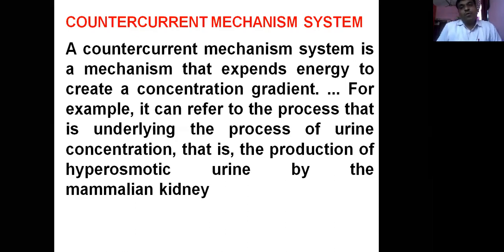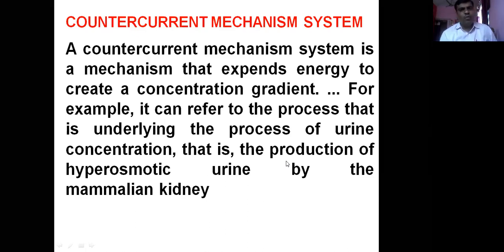After the process of urine formation, the last bit of this chapter is the countercurrent mechanism system. The countercurrent mechanism system is a mechanism that expends energy to create a concentration gradient. For example, it can refer to the process underlying urine concentration, that is, the production of hyperosmotic urine by the mammalian kidney.